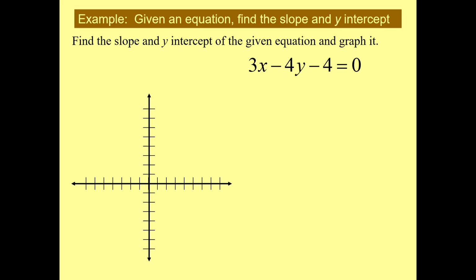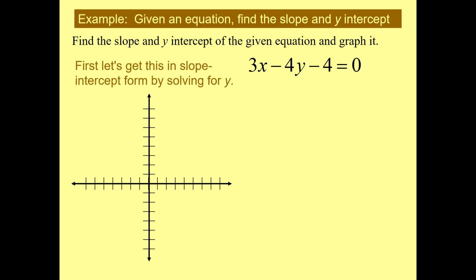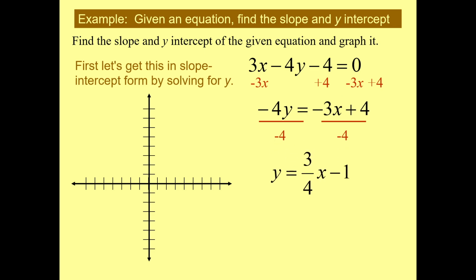This example here: given an equation, find the slope and the y-intercept. To find the slope, solve for y. Subtract 3 and add 4 to both sides, and divide by -4. Now we have slope-intercept form. Here I can see what 1 point on the line will be: when x is 0, y is -1.